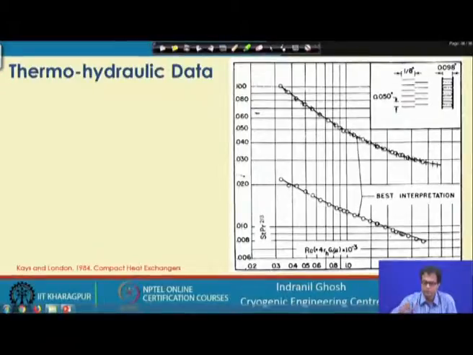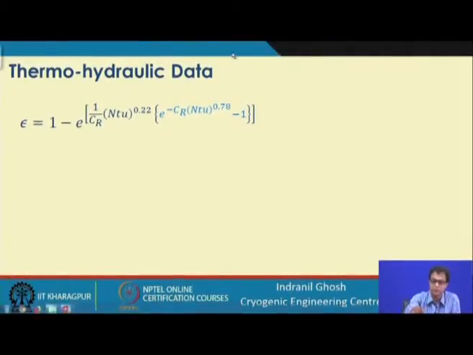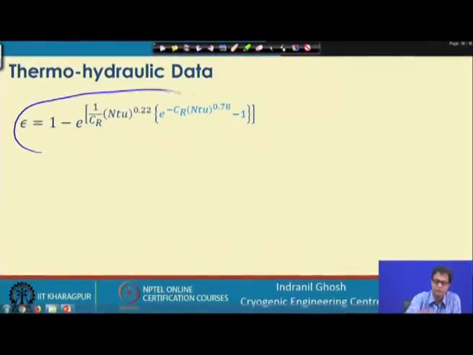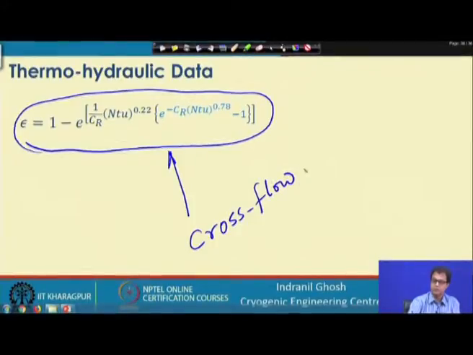Okay, so now we will go to the next, where this is the cross flow exchanger. If we remember, we have this expression for the epsilon-NTU and the C_R value or the capacity rate ratio. So, here we find that this particular correlation is meant for the cross flow type heat exchanger.